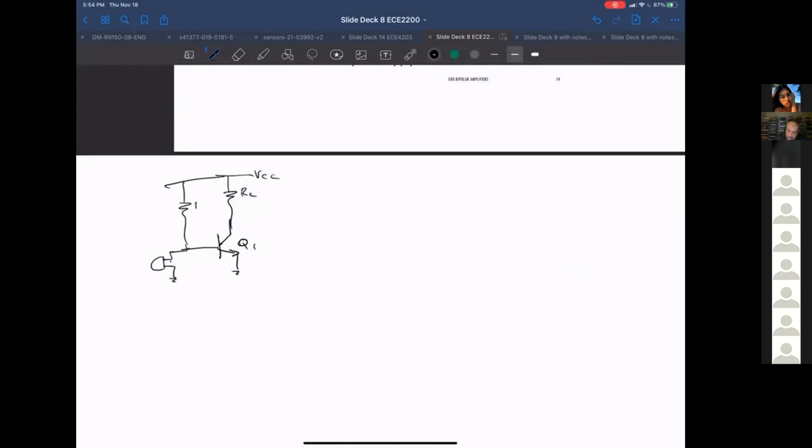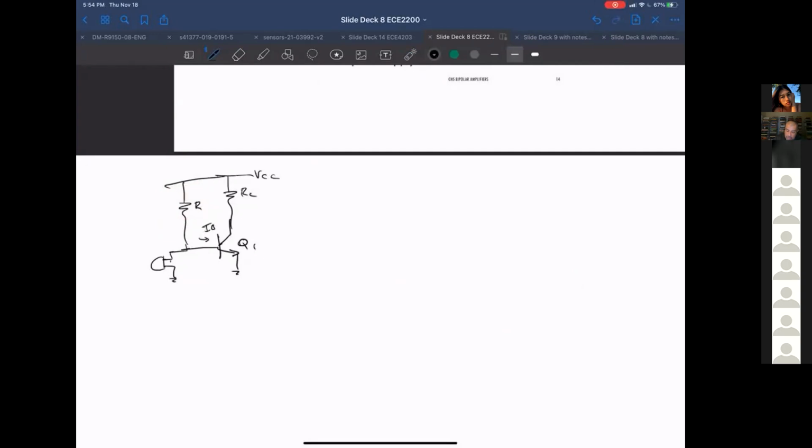And the idea is that maybe this resistor has some value. So basically you're going to have this base current going into here.